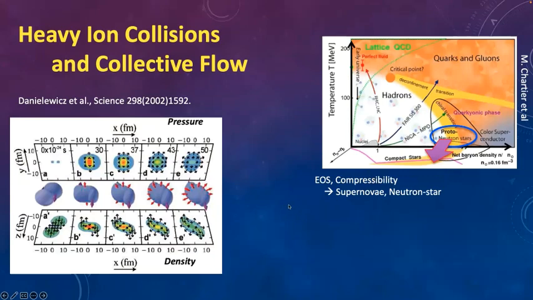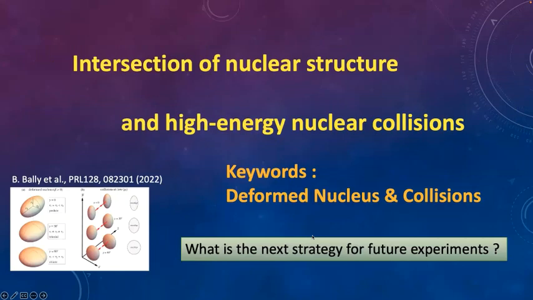So the idea is to see the behavior of high density nuclear matter, especially neutron rich matter or pure neutron matter, to discuss the neutron star core. So, the intersection of nuclear structure and high energy nuclear collision. Again, back to these topics.